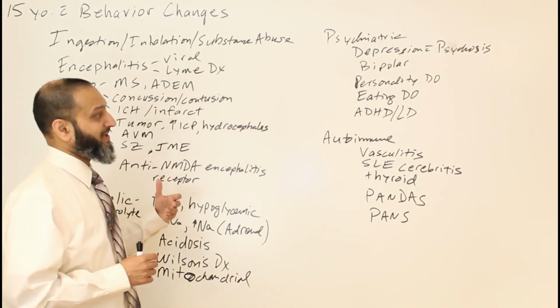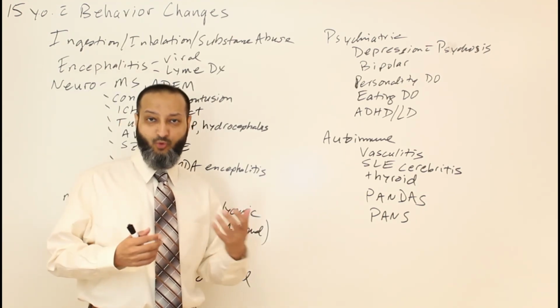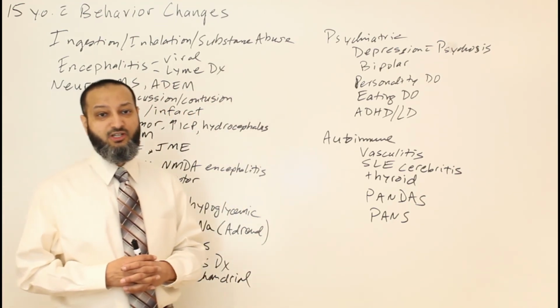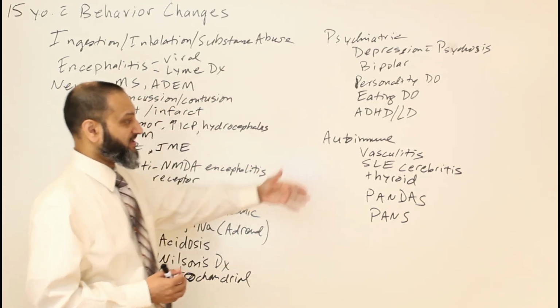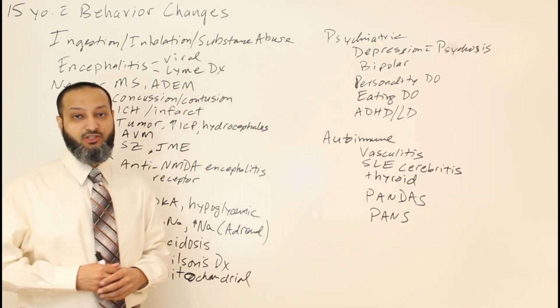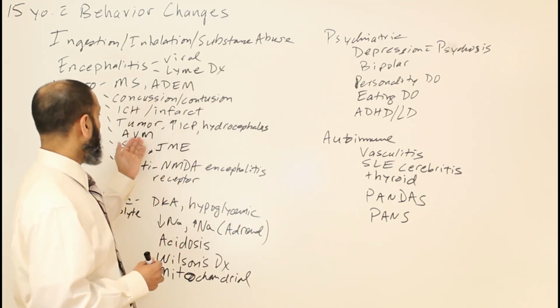Other things on the differential based on her history and her exam that we were thinking about, I think are important to consider, given the family history of lupus. So we had talked about lupus and vascular processes and autoimmune processes. There's a family history of a brain tumor, so that was on her differential diagnosis as well.